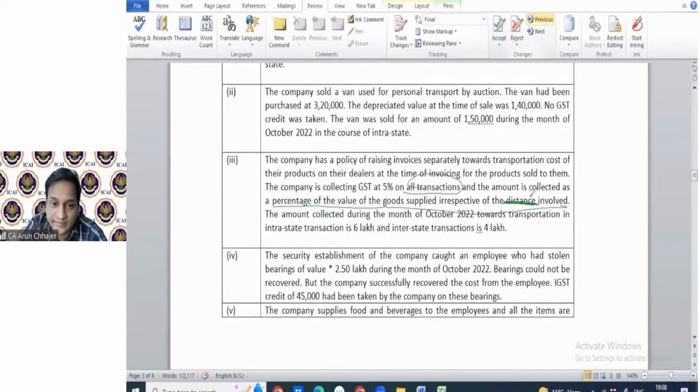What does it indicate? It is giving me the hint that basically they are not the GTA, goods transport agency. They are collecting the amount as a percentage of the value instead of the distance.